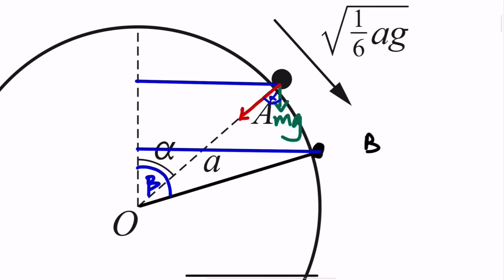So the force towards the center of the circle would be mg cos alpha, and the force that is tangent to the circle will be mg sin alpha.